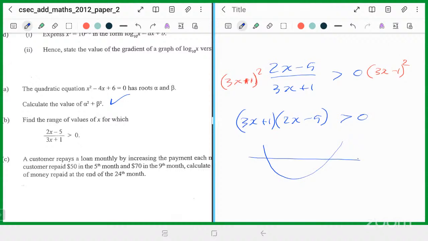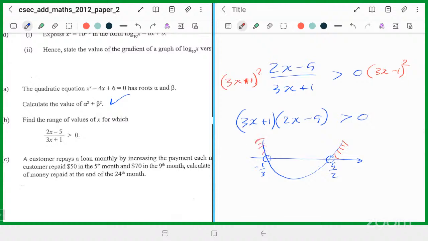And that will be the axis. The root from this factor would be 5 over 2, so you put this equal to 0 to be 5 over 2 right here. I'm putting an unshaded circle because there's no equal sign in the inequality. And from this one, negative a third right here. You want the part of the graph that's greater than 0, above the x-axis. That is up here and up here.